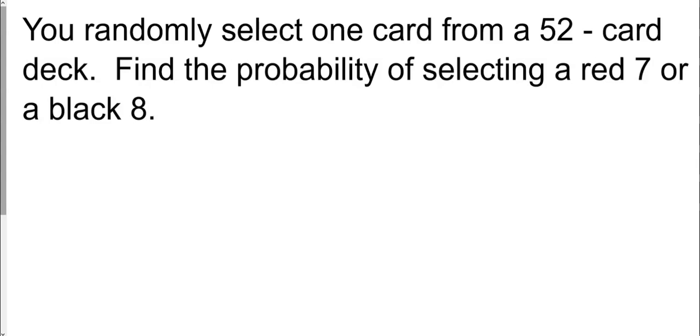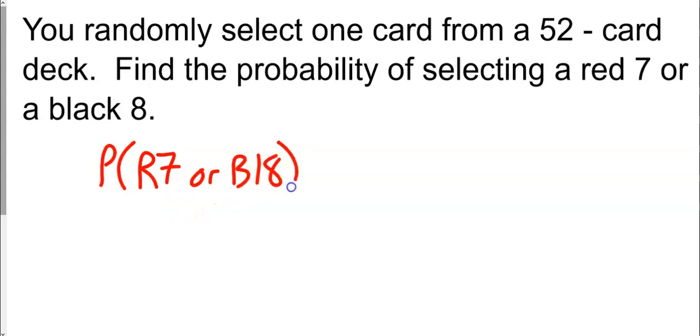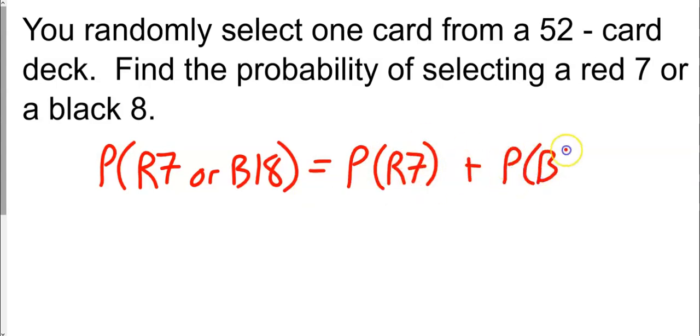Okay, so what you should have found out is that this is a mutually exclusive event because you cannot be a red 7 or a black 8 at the same time. So all we need is the probability of a red 7 plus the probability of a black 8.